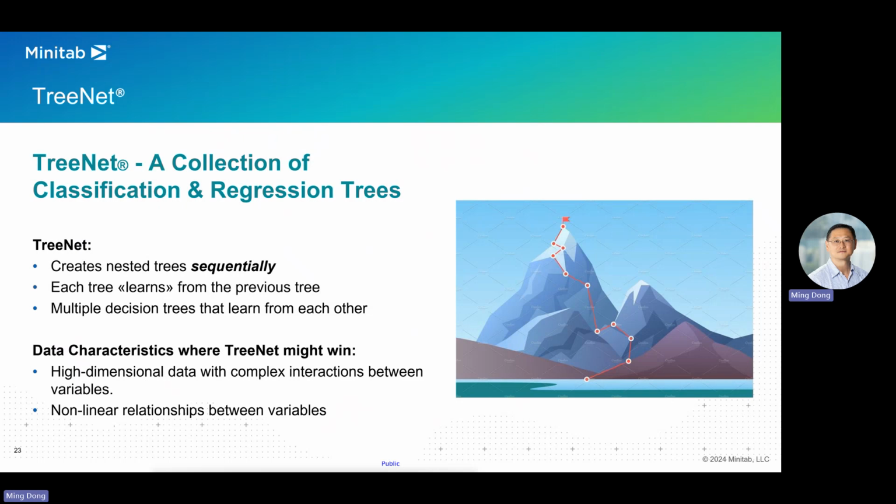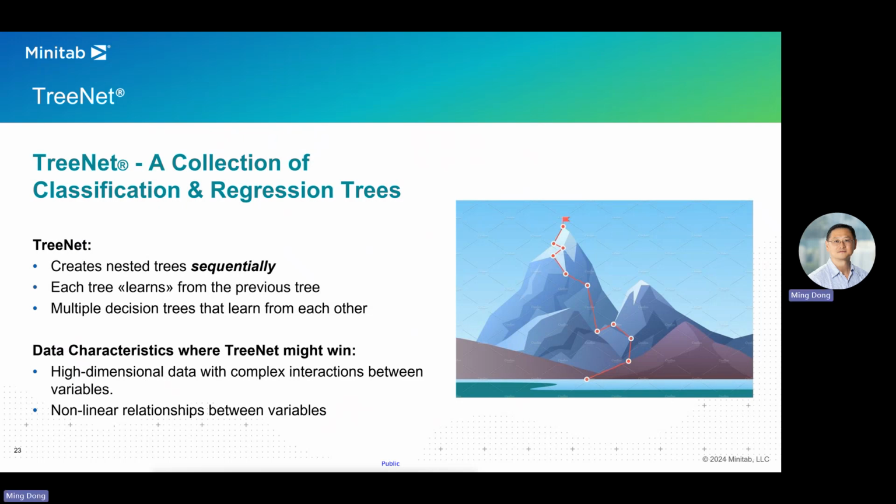But every time we build a tree or add a section, it is always based on what we have done so far. The tree is based on where you are and where the target is. Then we set up a direction. So you just readjust your direction and set up a new tree, always building on previous trees. That's why we call this a sequential approach.